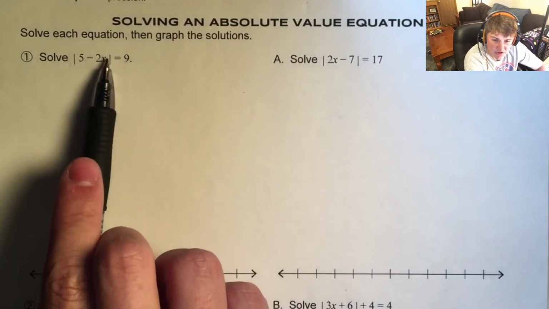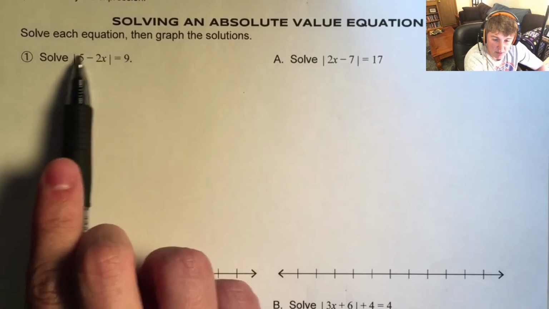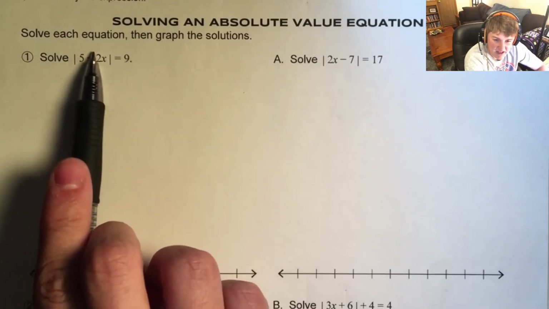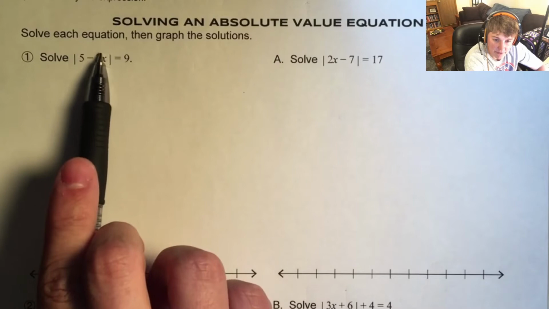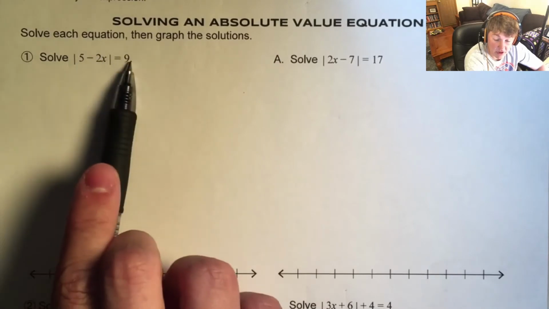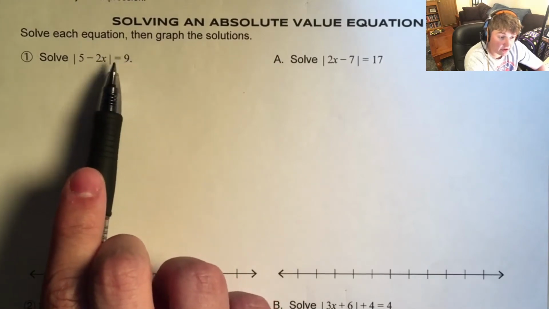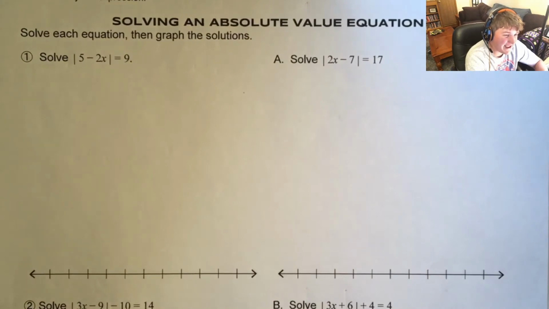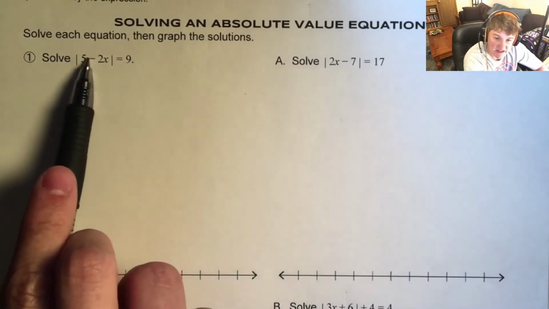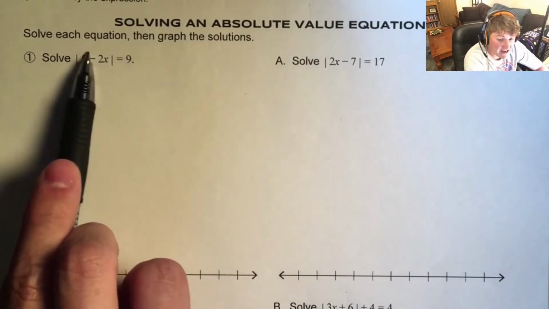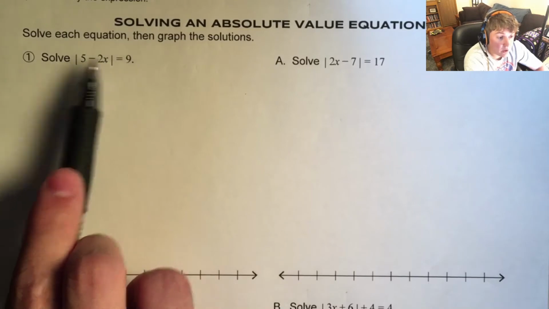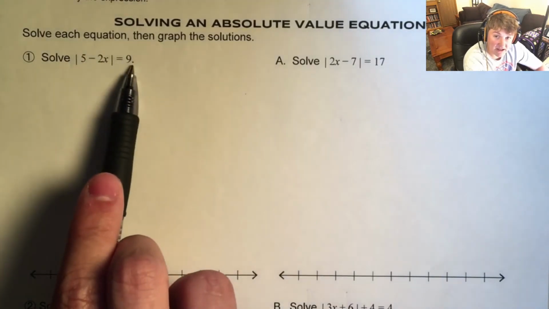If this inside part is 9, when I take the absolute value of it, it's going to be 9. Similarly, since 9 is 9 units away from 0, negative 9 is also 9 units away from 0. So if this inside part is negative 9, when I take the absolute value of it, it's going to be positive 9 as well.